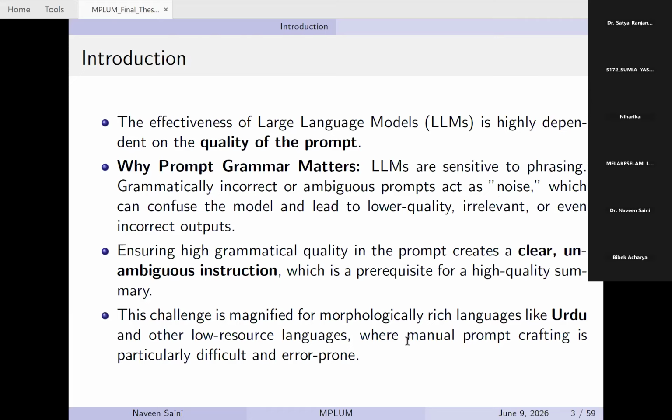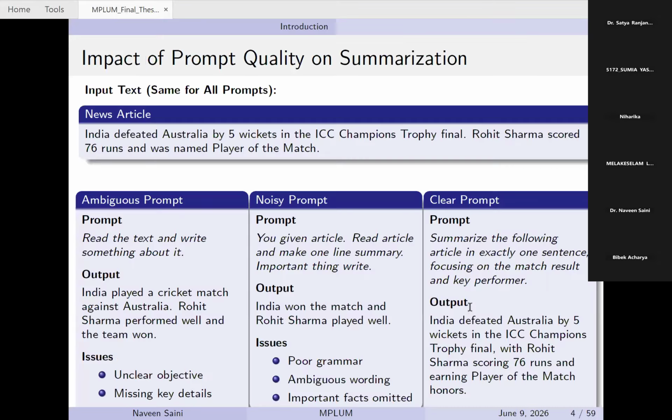But in Urdu there are many more variations, I think 5 to 10 variations for a single word. That's why it is very challenging to write a good prompt which is unambiguous and clear. Let me give you an example.